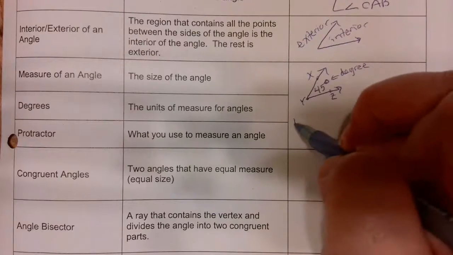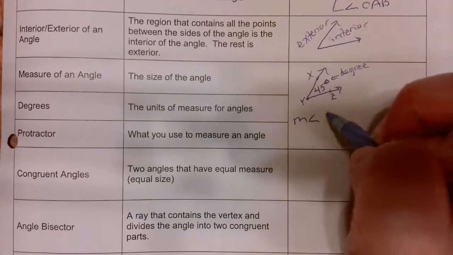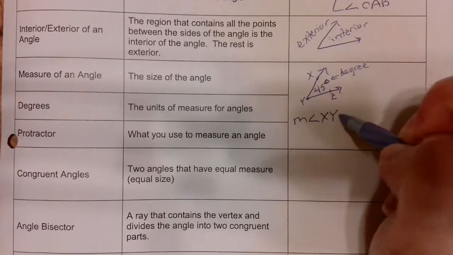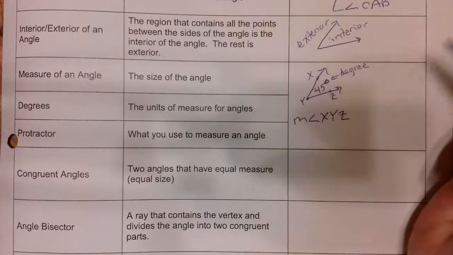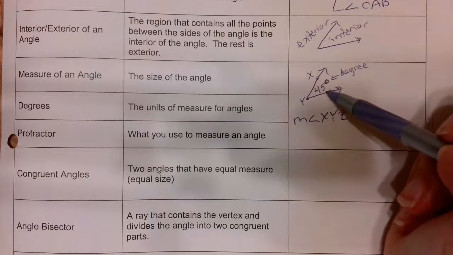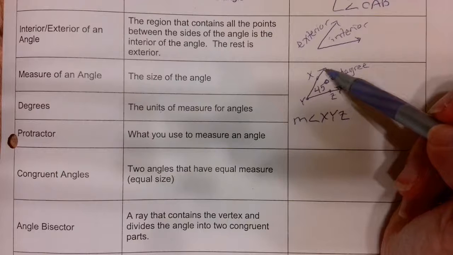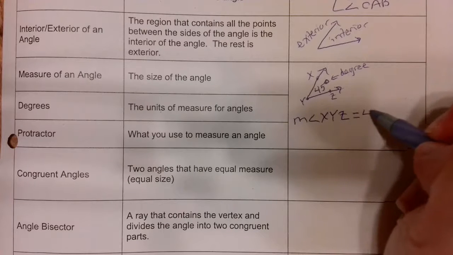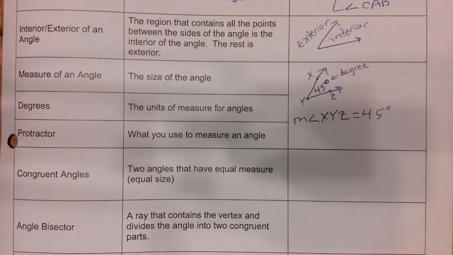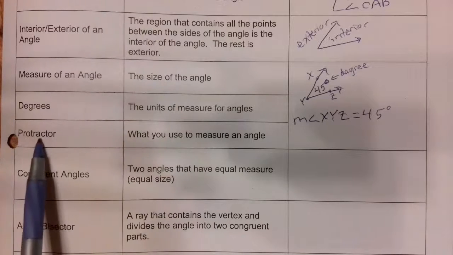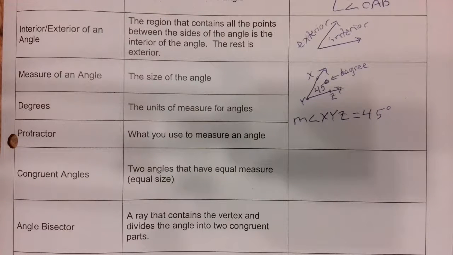We would say the measure of angle XYZ, or you could say ZYX, is equal to 45 degrees. Now we use something called a protractor to measure it and figure out that number of degrees, and I'll show you what those look like on the next page.